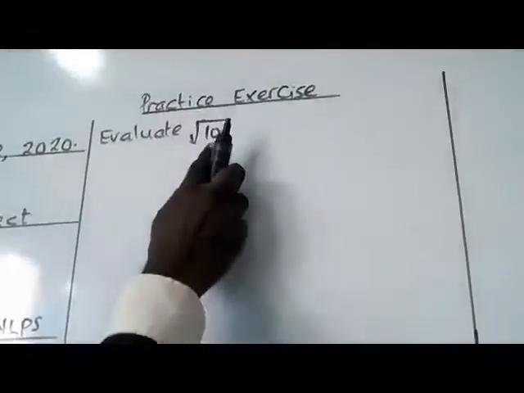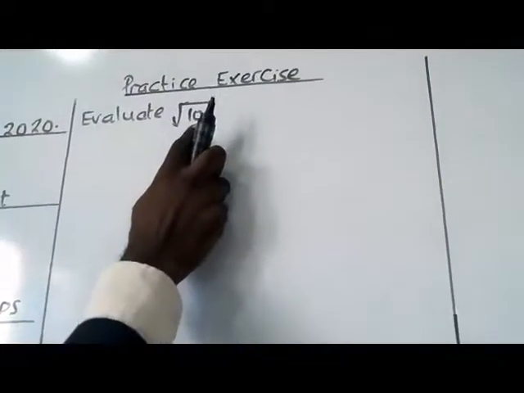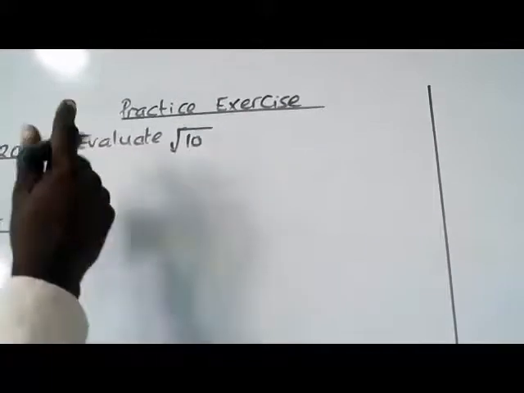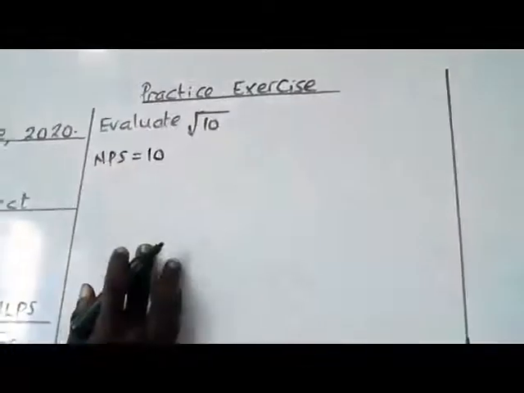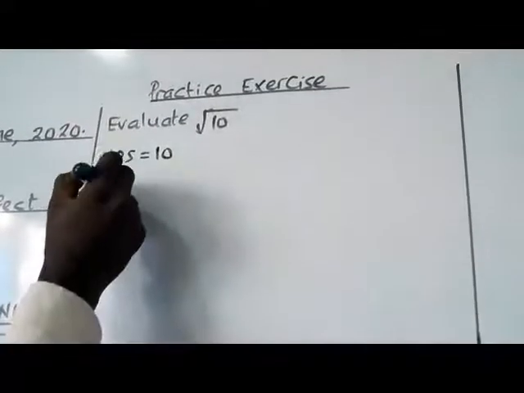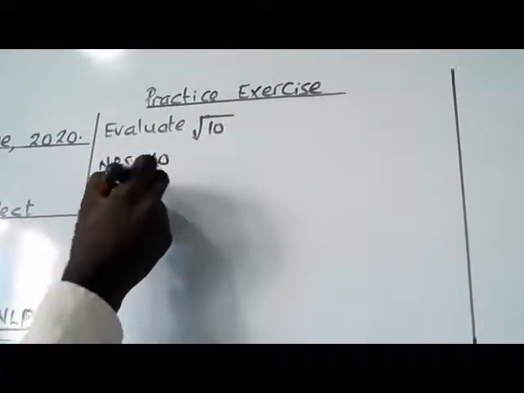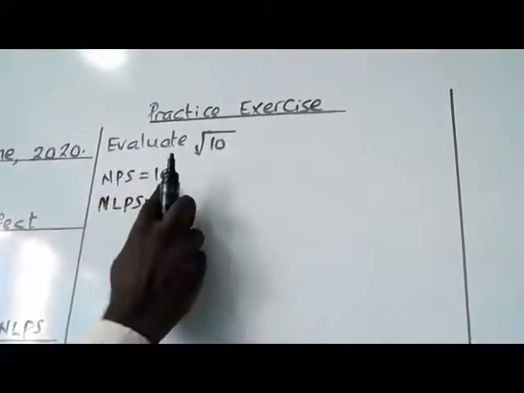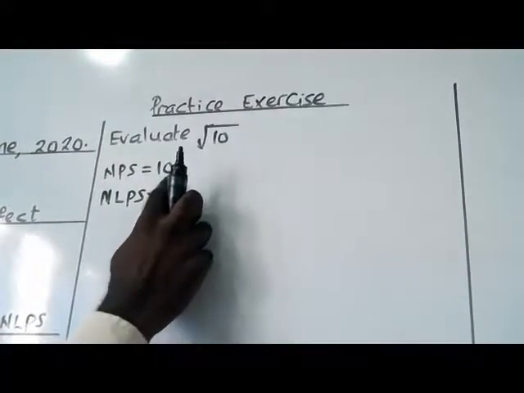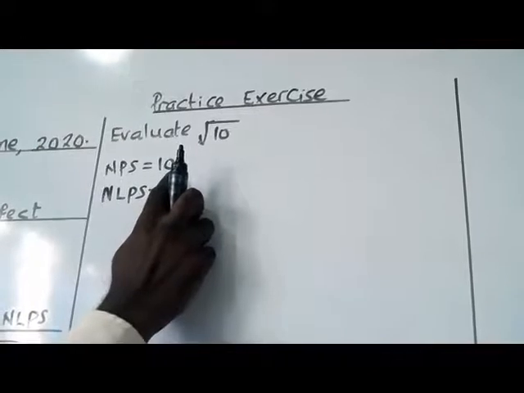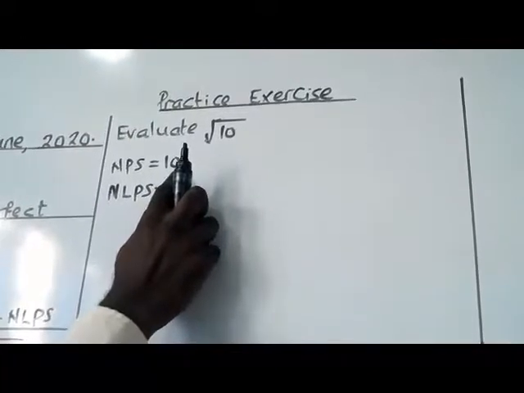Now, what will you call this 10? If you recall from the first example, this 10 will be my non-perfect square. That is 10. Alright, now how do I generate my next lower perfect square? I'm talking about a perfect square that is lower and next to 10. What would that be? Should that be 4? Do I still have another perfect square after 4?